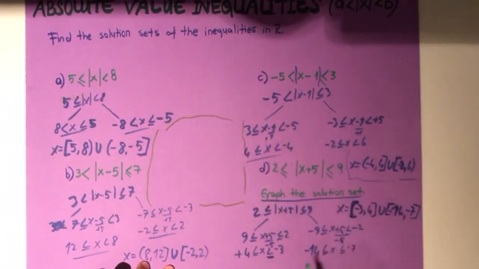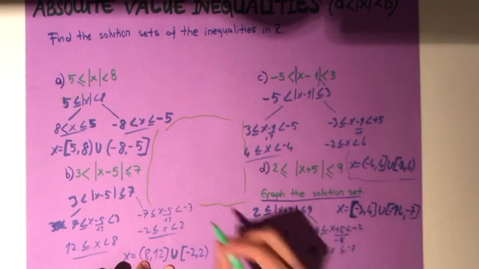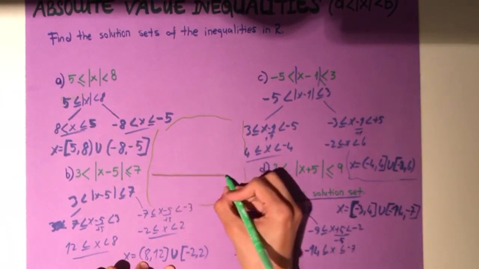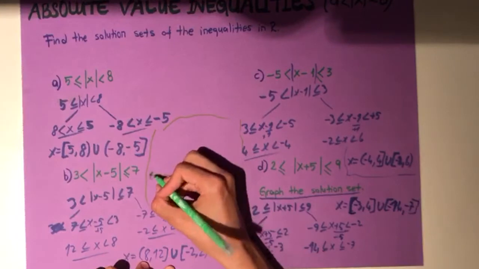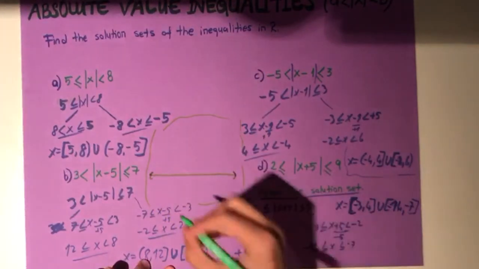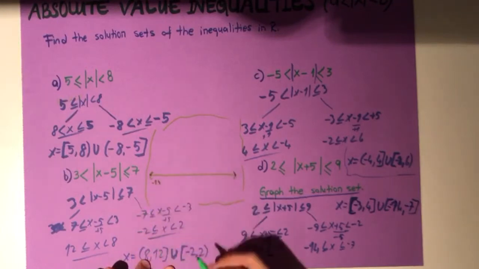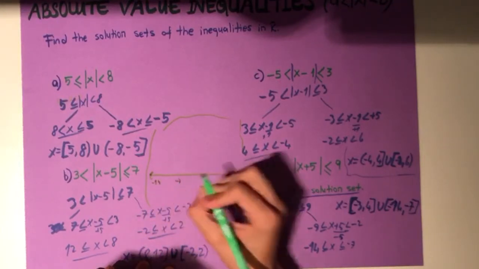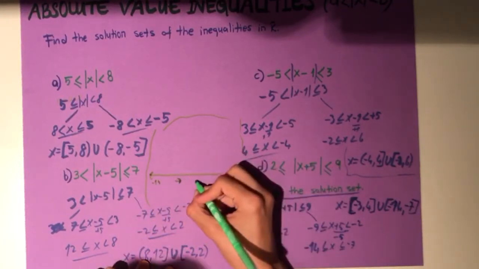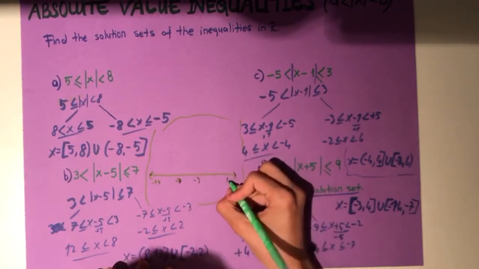Okay, so we have this, so we're drawing a number line first of all, and we're writing the numbers. So minus 14, minus 7, minus 3, and let's write 4 here.